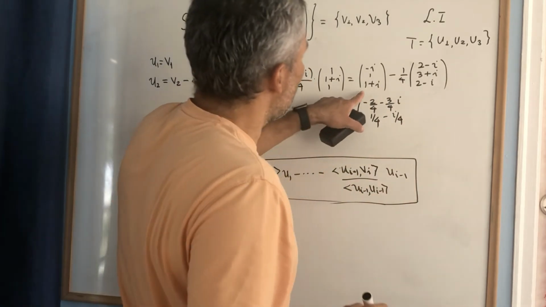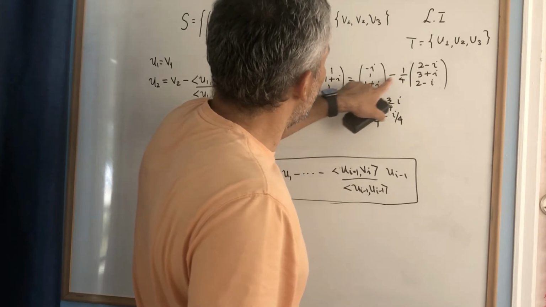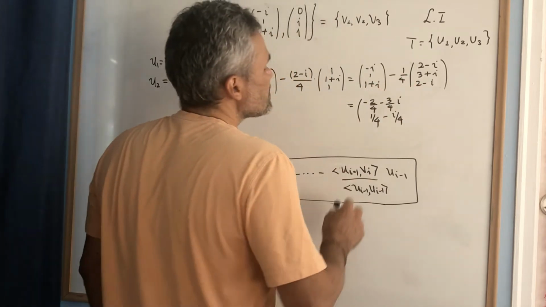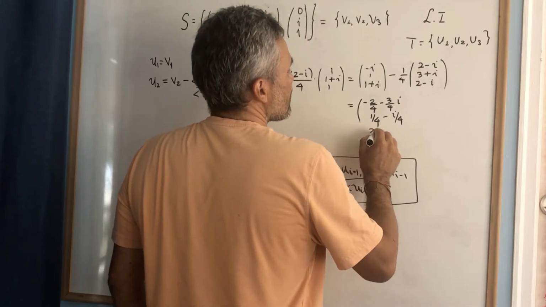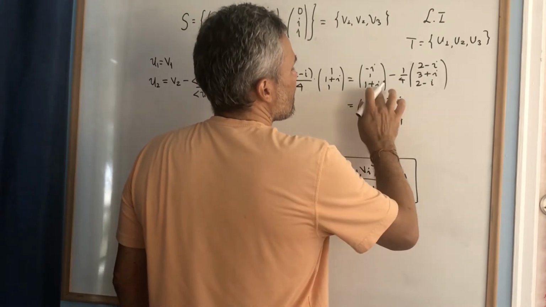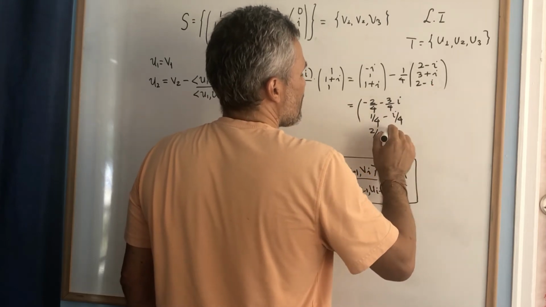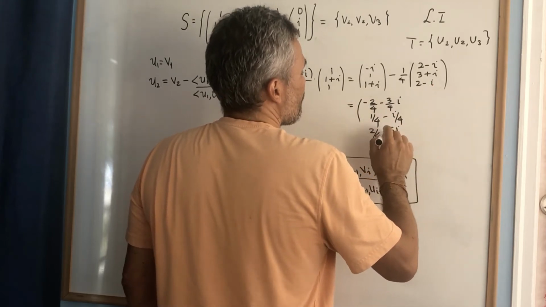And finally we have 1 minus 2 quarters, which is just 2 quarters, and i plus i over 4 is 5i over 4.